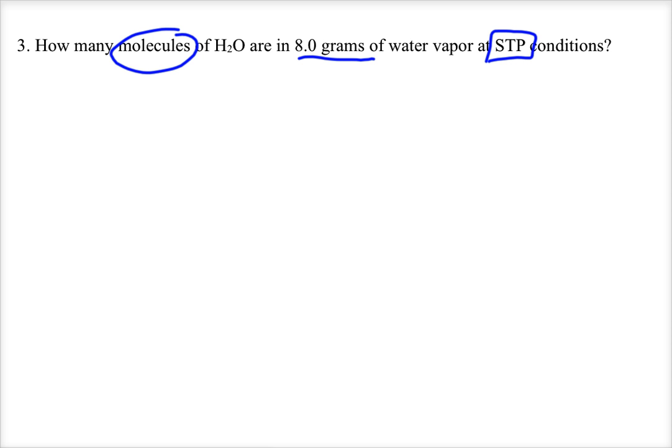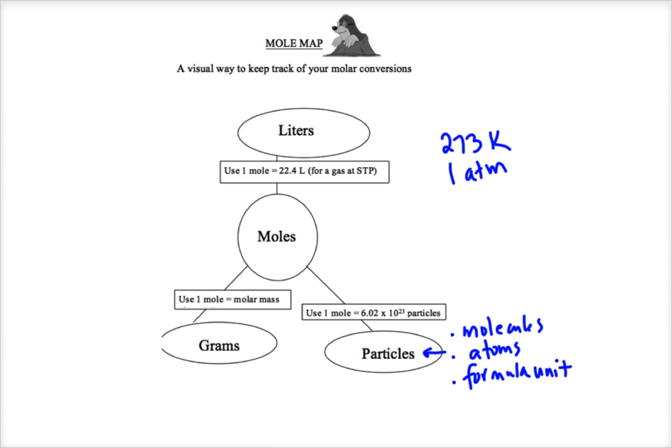I'm going to go back to our diagram, back a few slides here. In this problem, we are given grams. That means we are starting here, and we are being asked to find out how many particles that is. That's here. In order to get to particles, there's not a road that connects these, so we can't go directly from grams to particles.